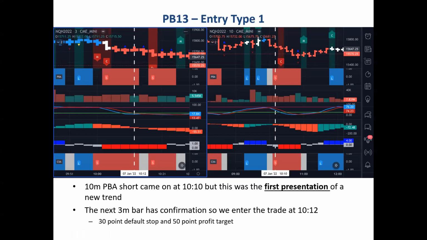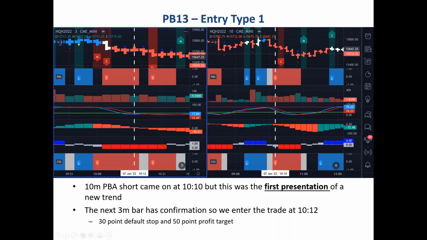And as soon as we are in the trade on the 10:12 bar, we are using a 30-point default stop, and we have a 50-point profit target. So I'm going to show the DOM here in a little bit, and we're going to talk about how to manage your DOM.